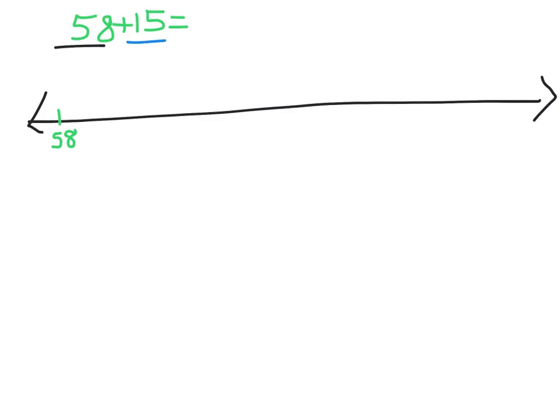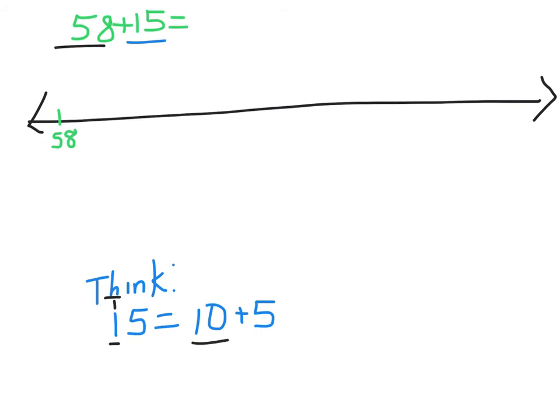So think, 15 can be broken up into 10 plus 5. In other words, if you're looking at the number 15, you'll recall that there is 1 ten in 15, which is 10, and 5 ones, which is 5.